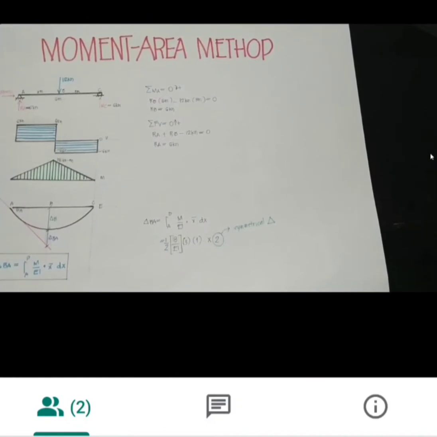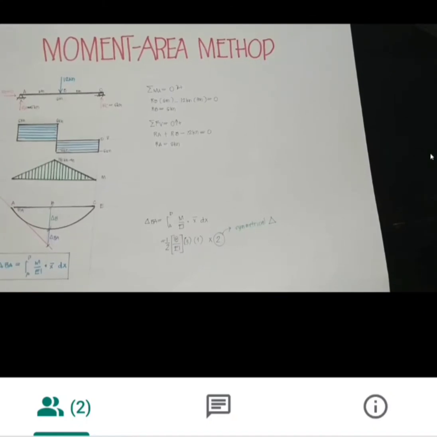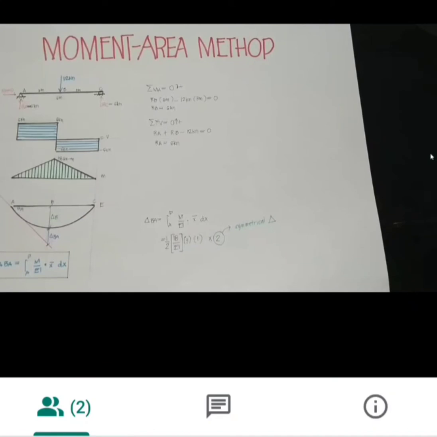So the summary, delta BA is equal to the integral of M over EI times x bar dx, where x bar is the distance from point B to the centroid of the M over EI diagram.